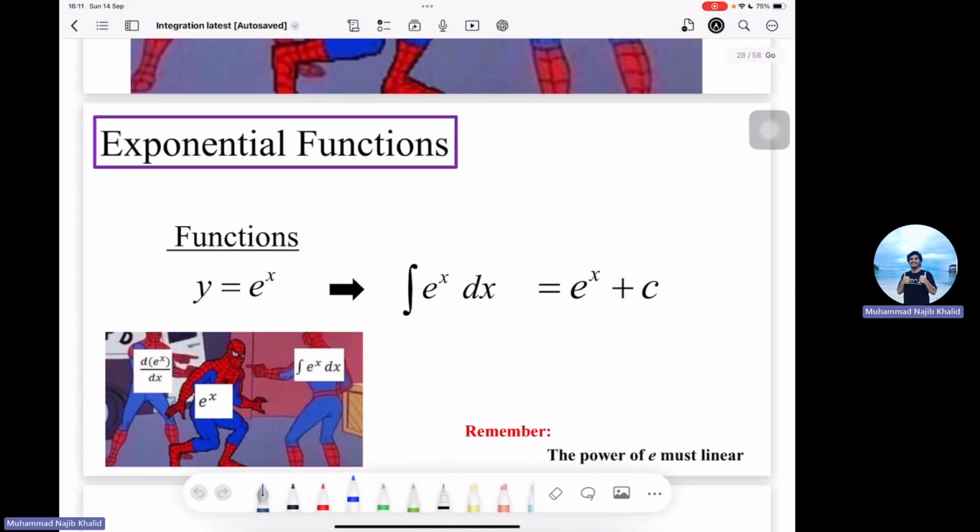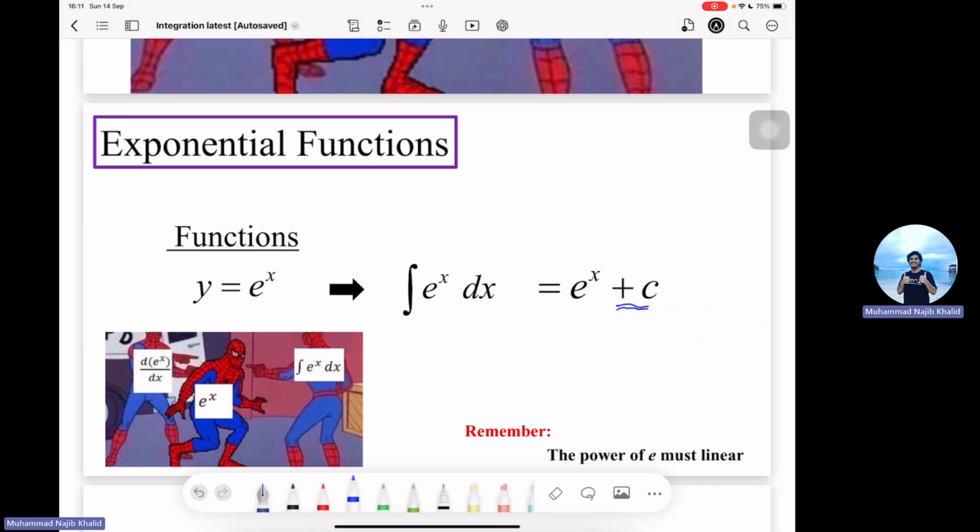If we have the integral of e^x dx, we will get back the original function, e^x plus c. Since it is integration, we must always put the plus c.